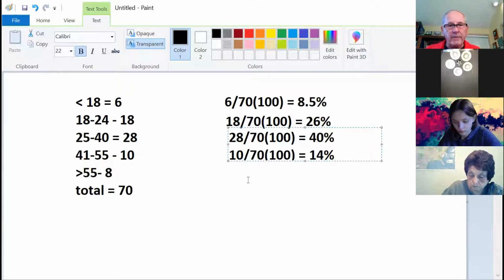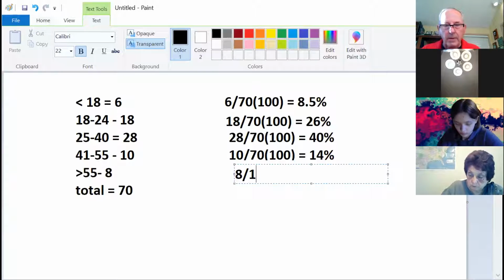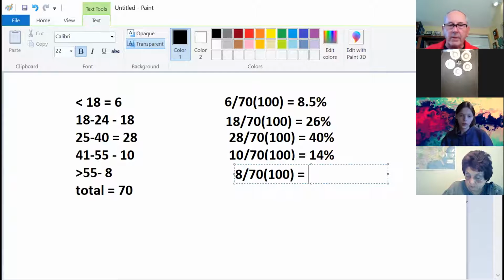Okay, and then what's greater than 55? We've got 8, right? 8 over 70 times 100, right? And that's going to be around 10, right? What is 8 divided by 70? That's 11, okay? 11%.